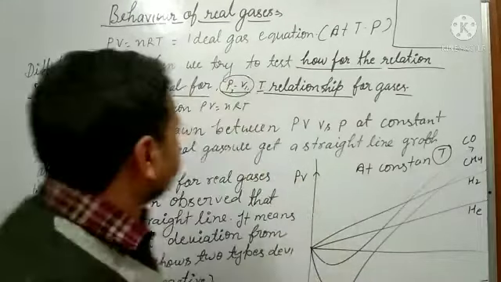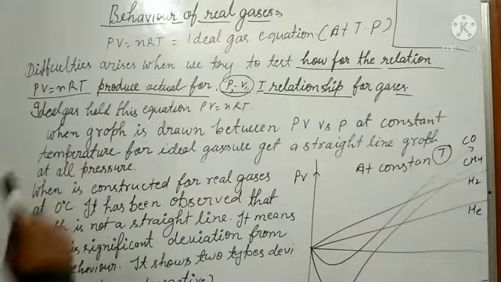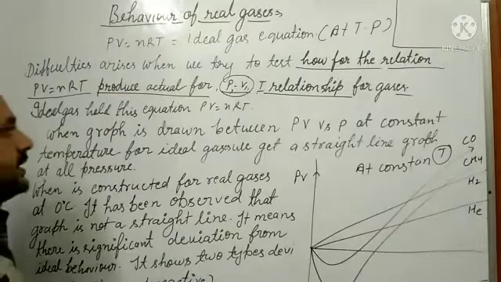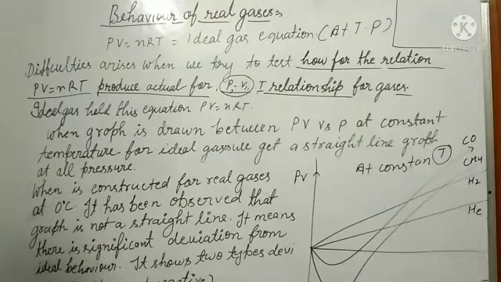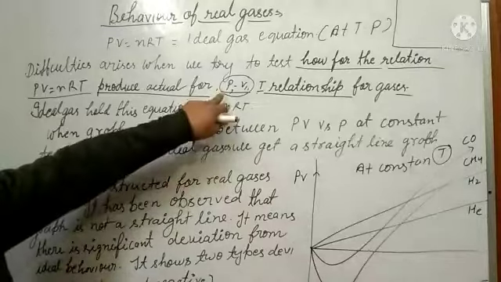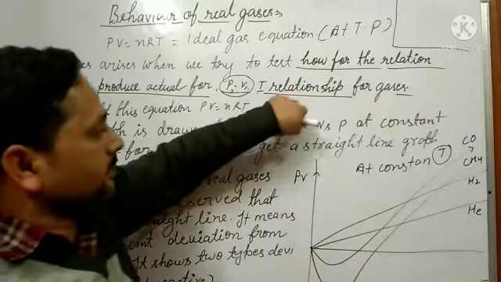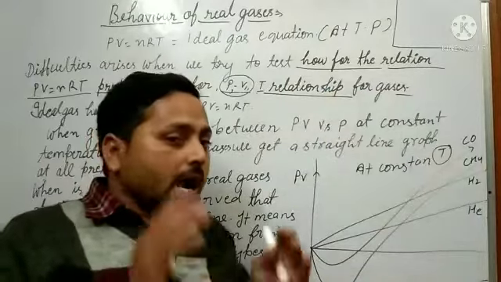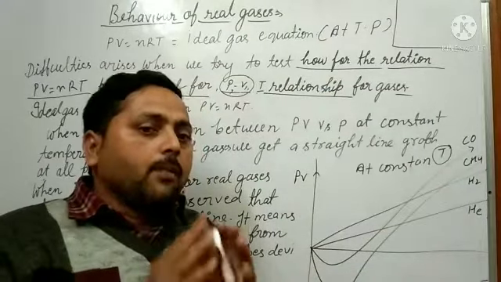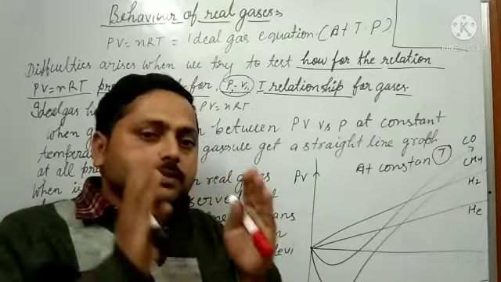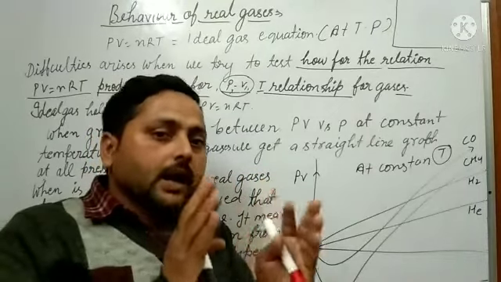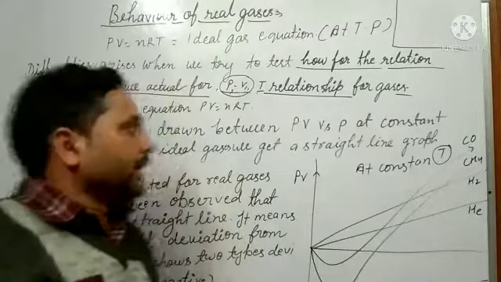Let us see what difficulty arises when we try to test how far the relation PV = nRT holds for pressure, volume and temperature relationships for real gases, meaning how long they hold this property.